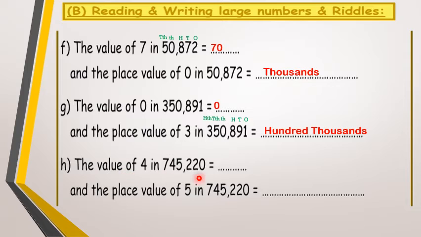The value of 4 in this number: I will put every digit in its place value. I can see now that 4 is in 10,000, so the value of it is 40,000. The place value of 5: I can put every digit in its place value, and I will find that 5 is in thousands.